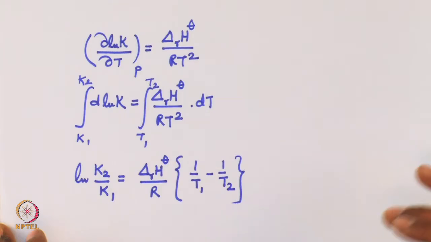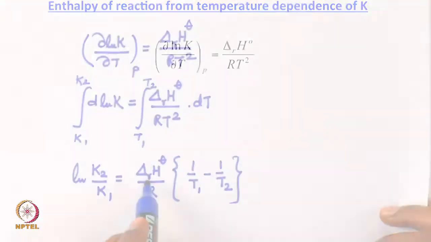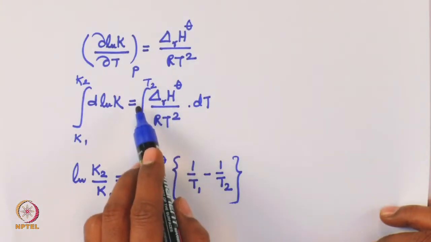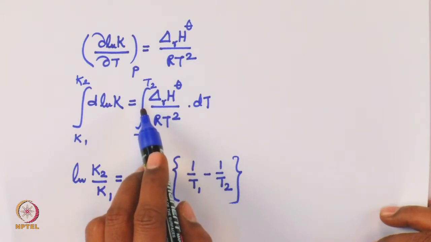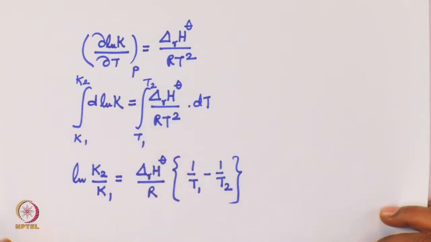Okay, this is one way. Here we are assuming that the enthalpy of reaction is independent of temperature, so we are taking it out. Otherwise, we cannot ignore the heat capacity terms, and those things we will take up while solving the numerical problems. However, if the enthalpy does not change over a small temperature range, we can use this equation. If we know the value of the equilibrium constant at two temperatures, we can calculate the value of delta H naught. This is one way.